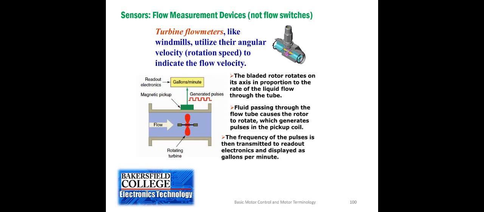A turbine one uses a little wheel inside, and as that wheel moves, the blades of the wheel generate little pulses. Those pulses are measured and actually counted, and by counting the amount of pulses in a given amount of time, they can register the gallons per minute.